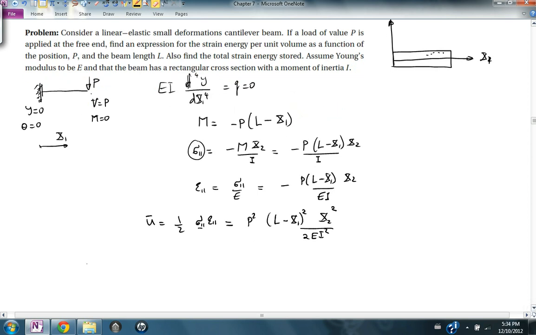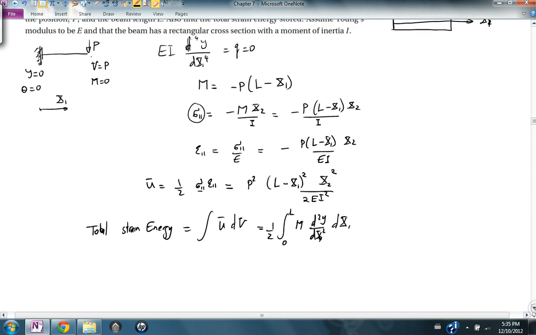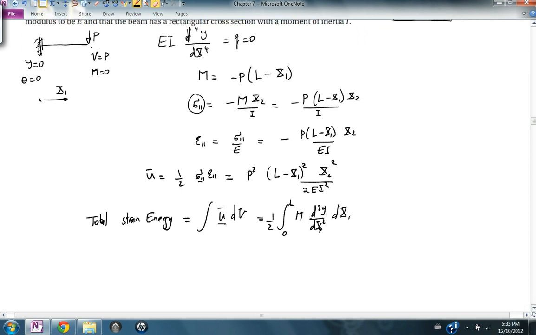The total strain energy in the beam, the amount of energy needed to deform that beam, is equal to the integral of that energy over the volume, or is equal to the integral of M d2y by dx1 squared, 1 over 2, dx1 from 0 to L. Whichever you want to use, I will utilize this form.